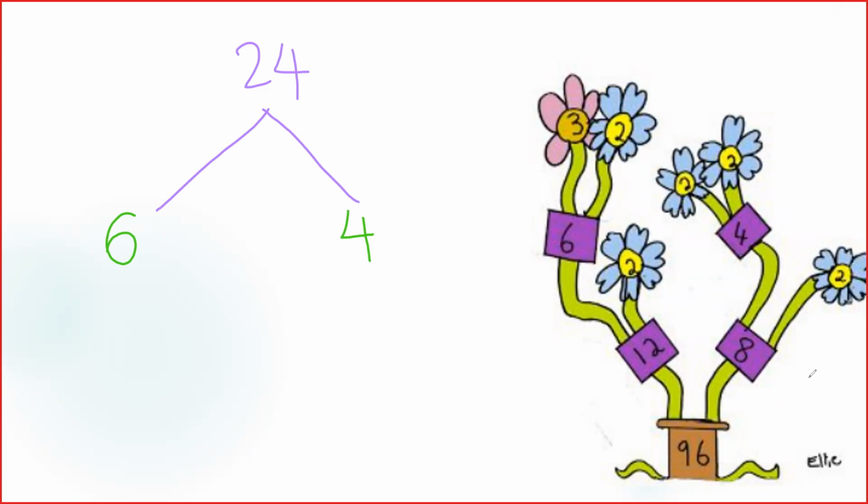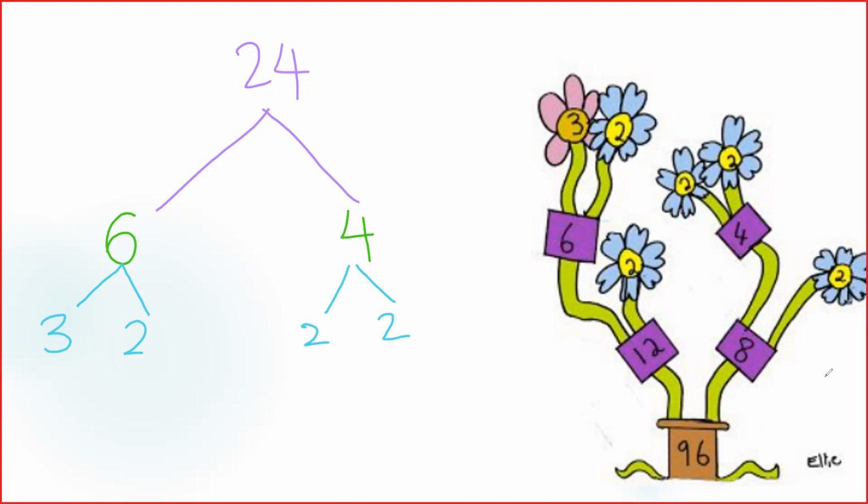Then the second step: go to number 6. Give me two numbers that multiply to 6. 3 and 2. For the number 4, we have 2 and 2. 2 times 2 is 4, and 3 times 2 is 6.